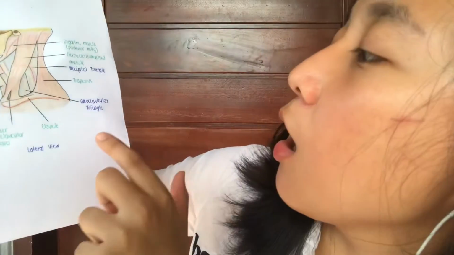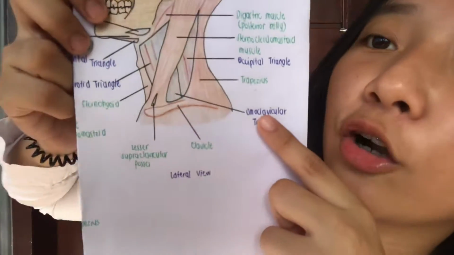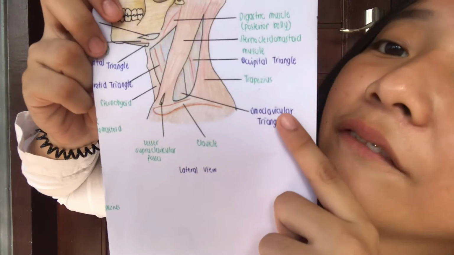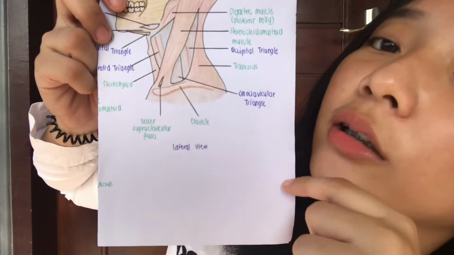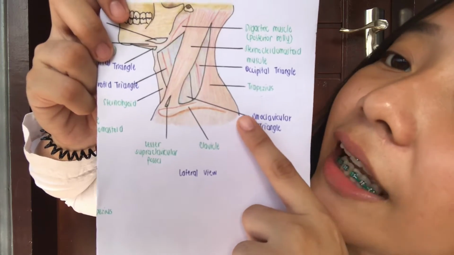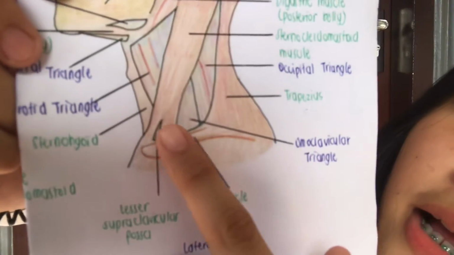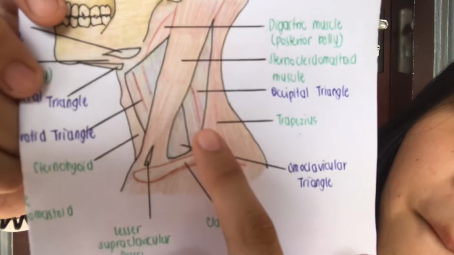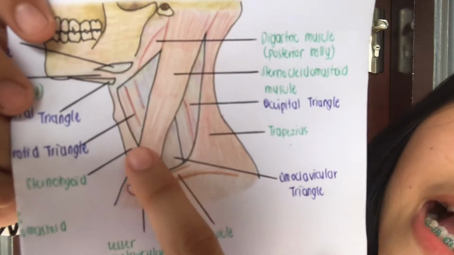We'll be moving on with our last topic, the omoclavicular triangle, or also called as the subclavian triangle. It is called as the subclavian triangle because the subclavian artery is located there. So, the small portion here is the omoclavicular triangle.